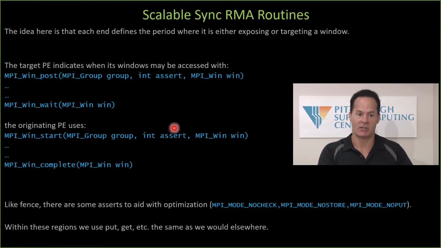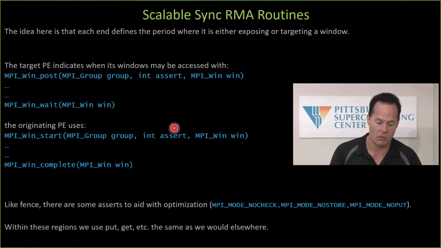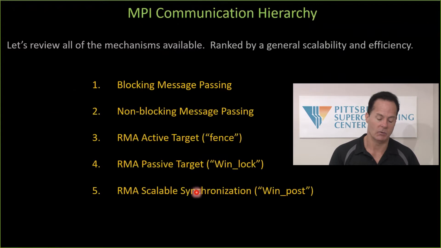So it's similar to the single-sided stuff we were just talking about, but is meant to work at exascale with millions of cores and only communicate within the closest neighborhood, within the communicators that are just the closest neighborhood, so there's no extraneous communication. But it's, again, the same kind of RMA stuff. So I won't go into great detail with that. Most of you will never care about it.